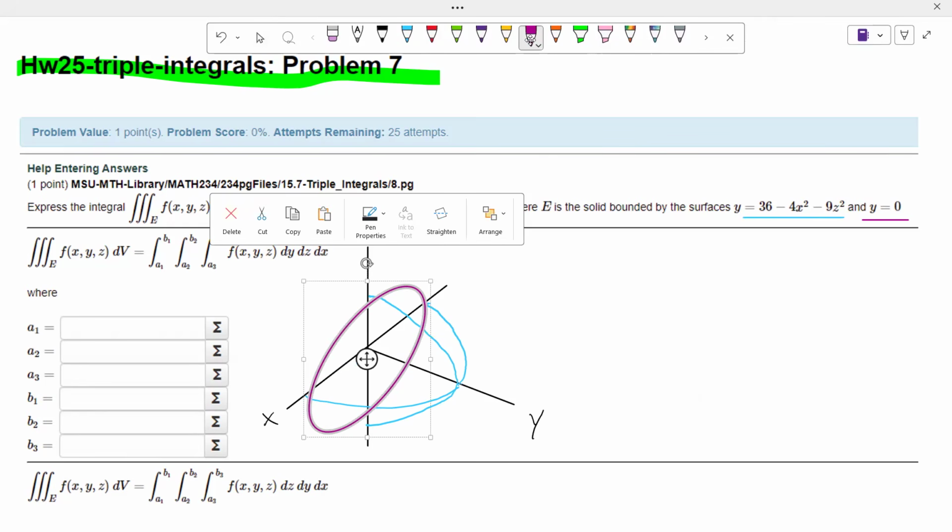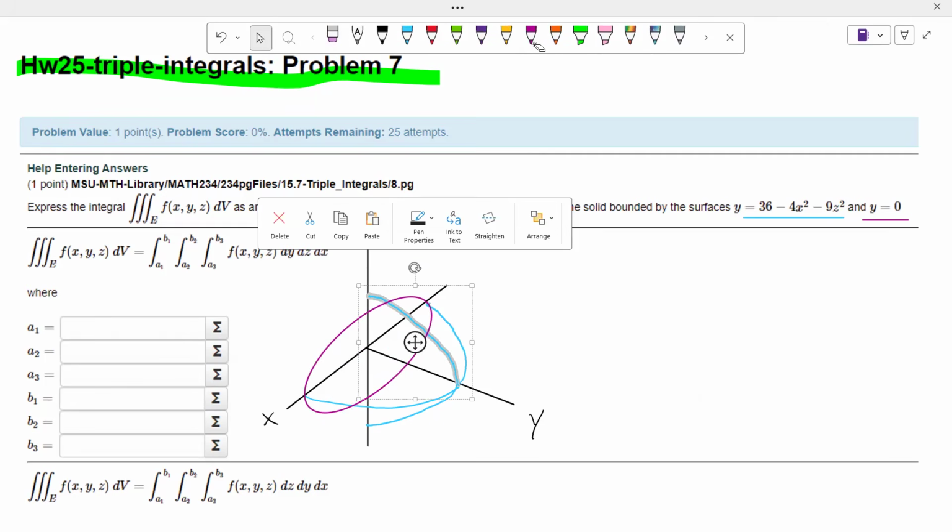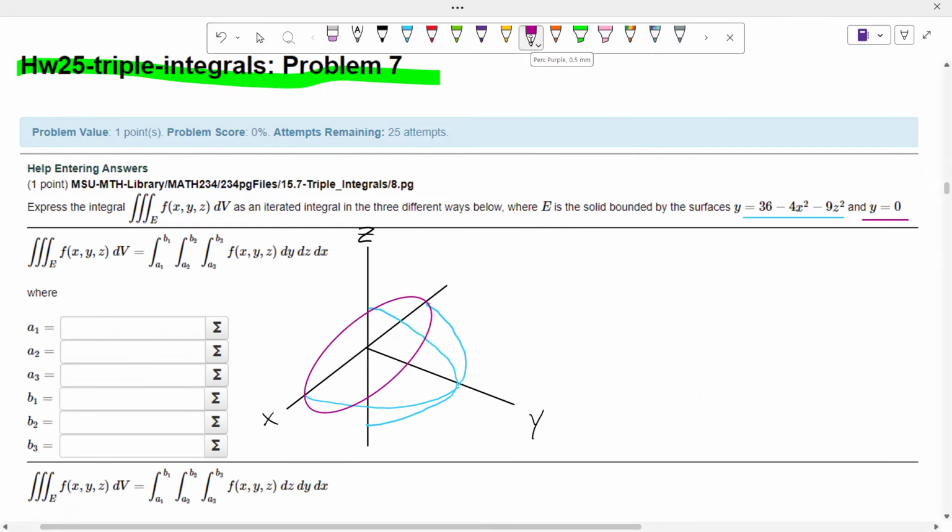See if I can just scale this to look about right. It's a little bit like that, and then adjust these other parabolic bits so that they intersect at the right spot.